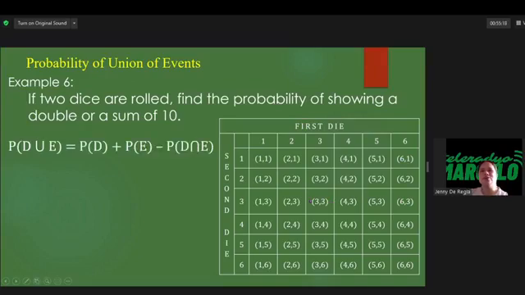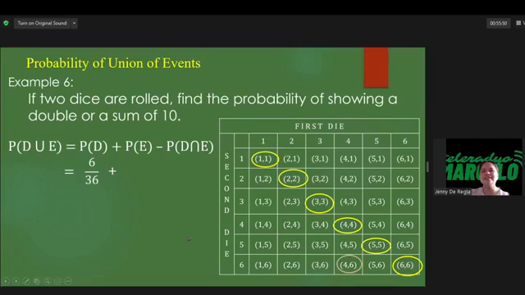So showing a double are 1, 1, 2, 2, 3, 3, 4, 4, 5, 5, and then 6, 6. So we have how many? 1, 2, 3, 4, 5, 6. So 6 over 36.